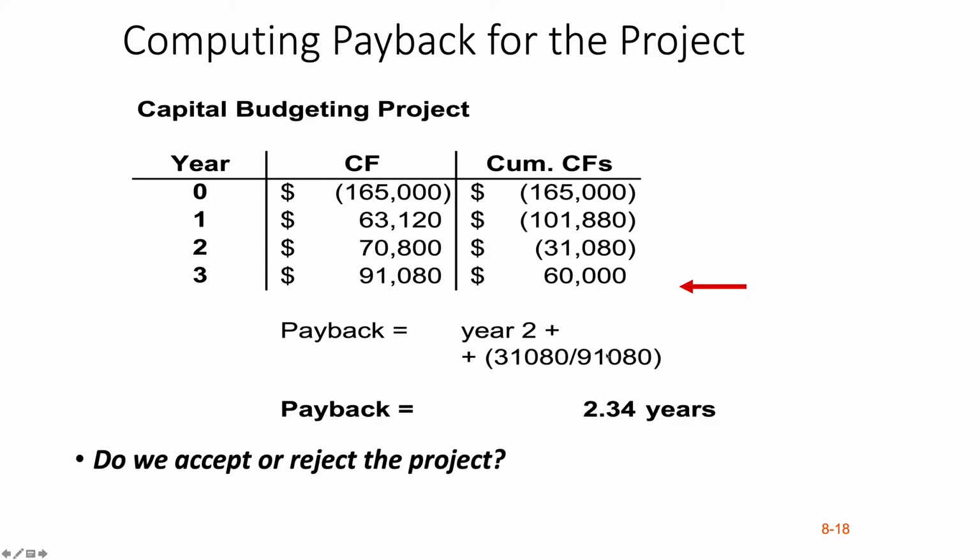So what is the payback period? It is 2 plus 0.34, so 2.34 years. Now, if the management gives a criterion, say, we'll accept a project no more than 2 years, this one would be rejected because it's more than 2 years.